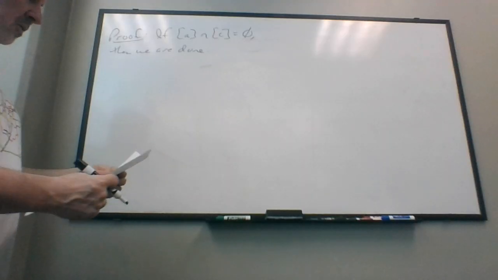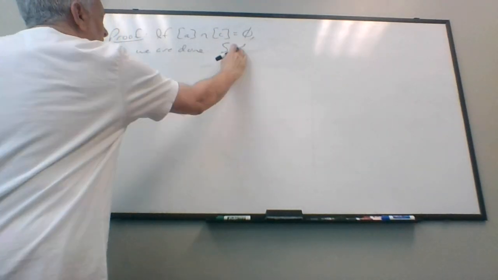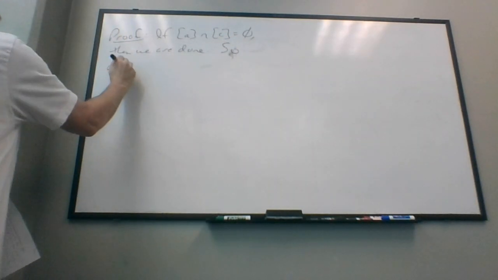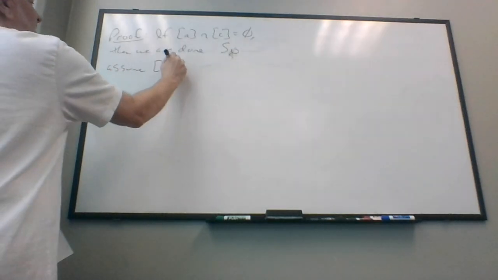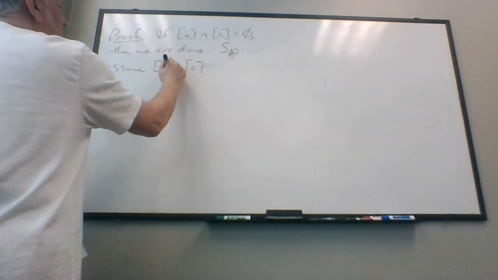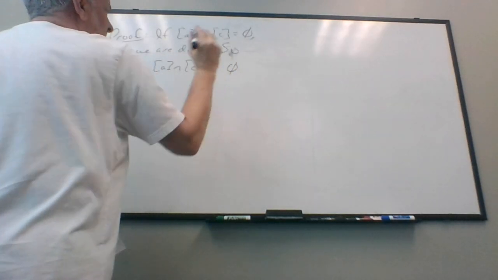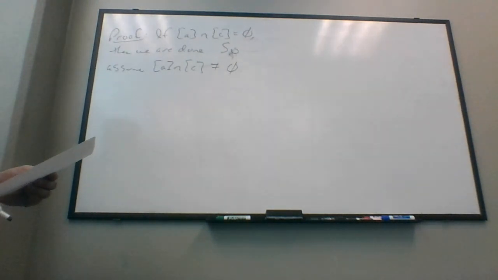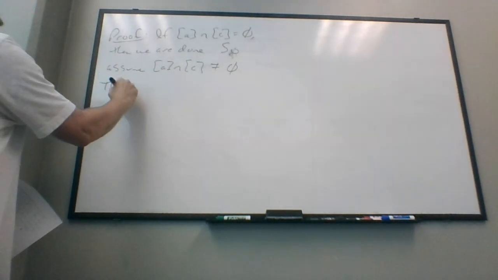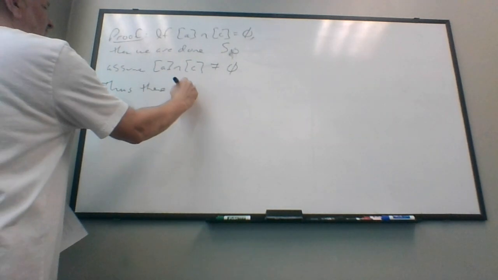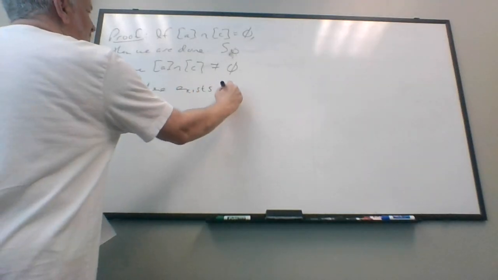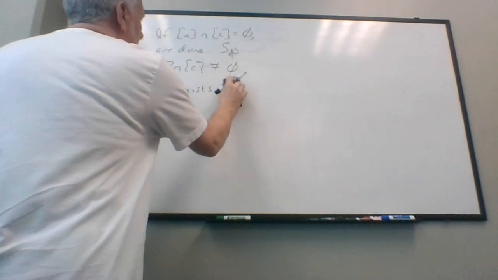Okay? So let's assume they're not. So assume the intersection of the two classes with A and C is not the empty set. So there's something in both of those. Thus, there exists a B in that intersection.